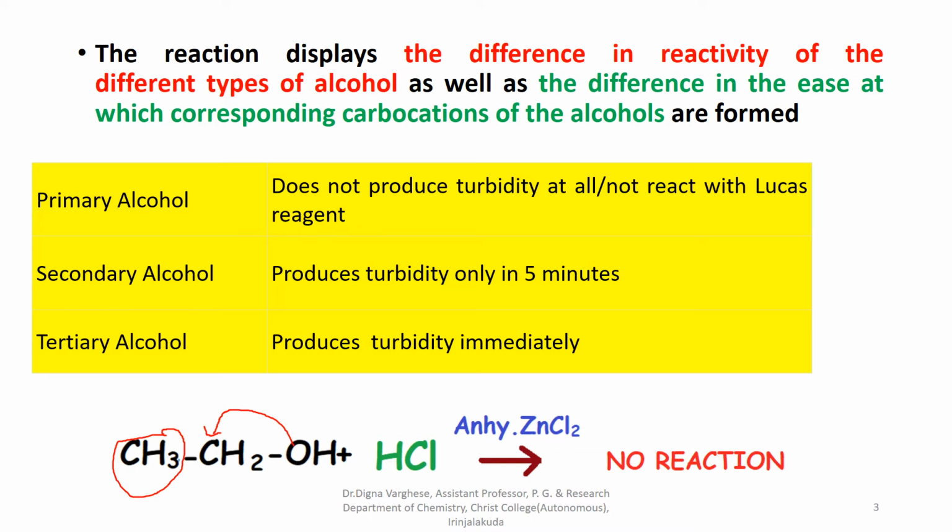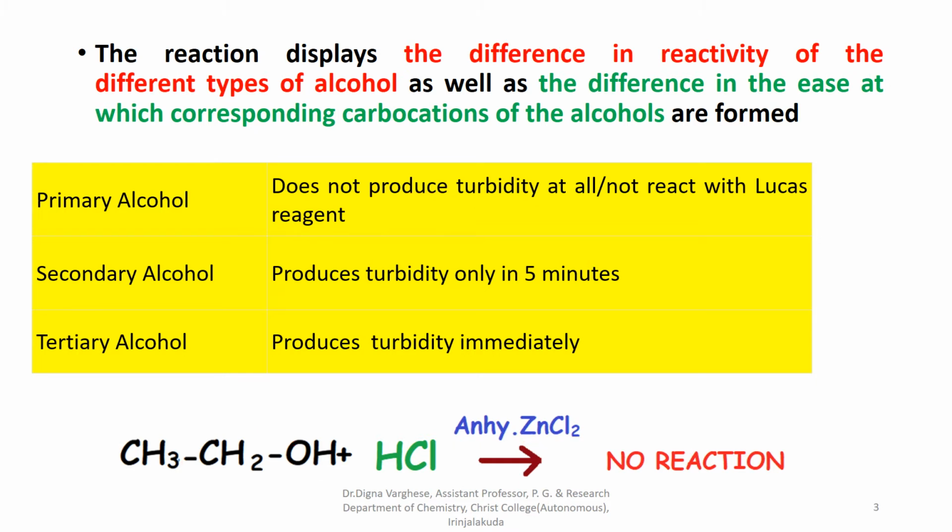So it is a primary alcohol that will react with Lucas reagent. Lucas reagent is anhydrous zinc chloride in concentrated HCl solution. Here you can see there is no reaction, or it does not produce any turbidity with Lucas reagent. So primary alcohols do not react with Lucas reagent.